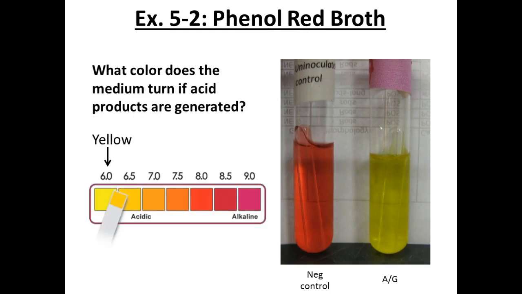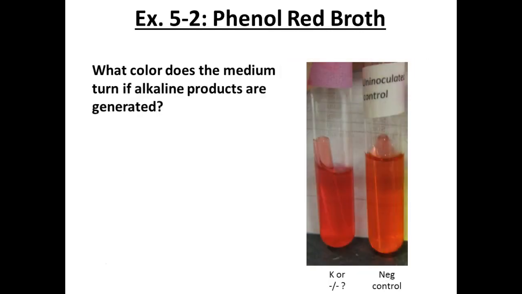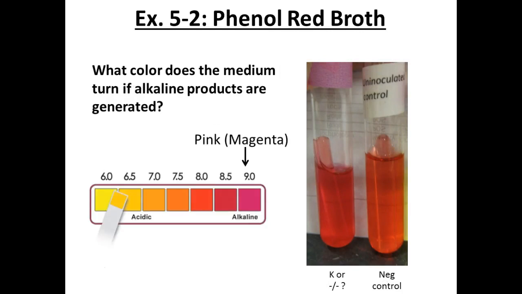Yellow. Right? So notice it's not a very low pH, right? Just below neutral. Around 6. That you'll get yellow color. What color does the media turn if alkaline products are generated? It's that pink or magenta color.